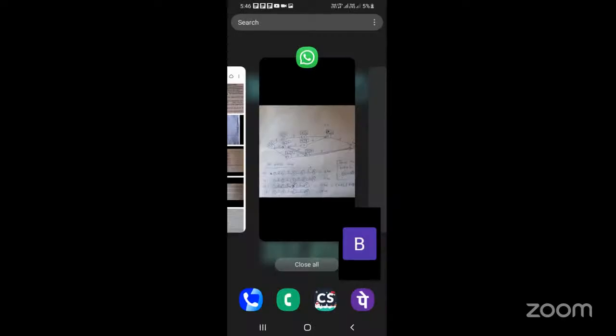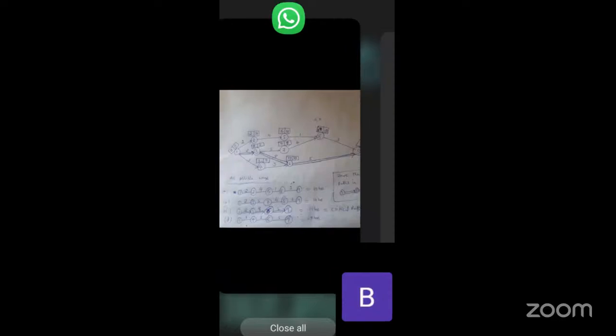See here, if you take this figure, I'm taking the diagram. The starting event is 1 and the ending event is 9. I want to move from 1 to 9, and for this we have 4 possible routes. What are the routes? 1 to 2, 2 to 5, 5 to 8, and 8 to 9.